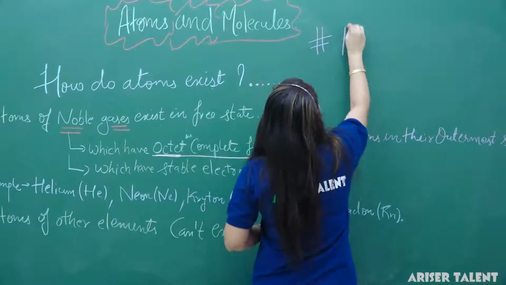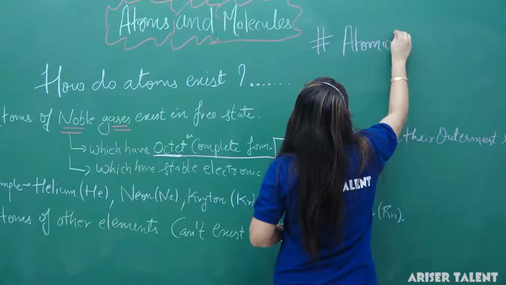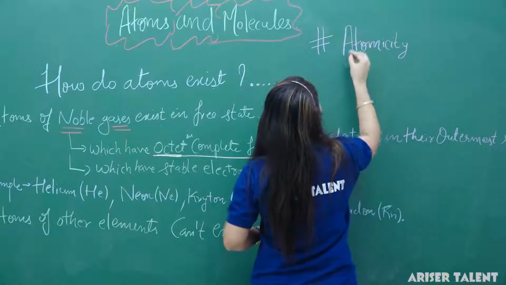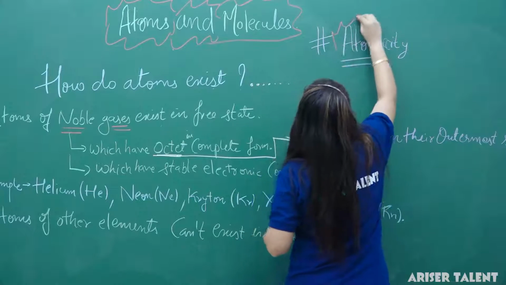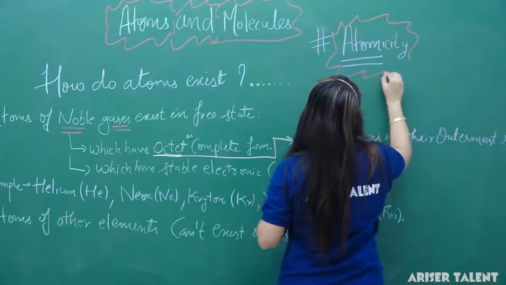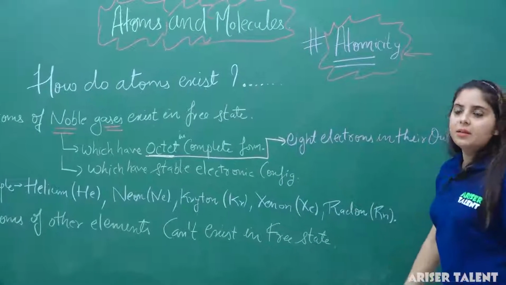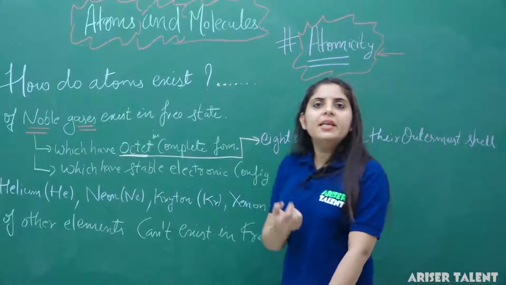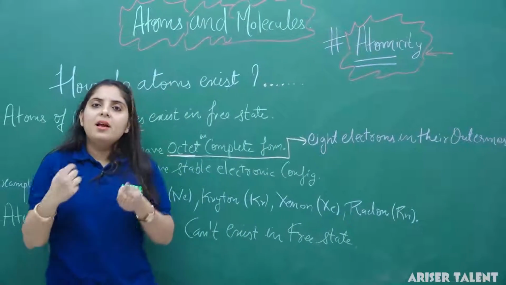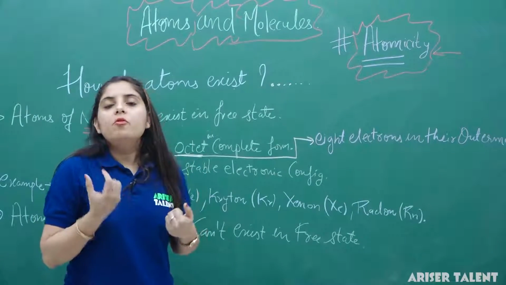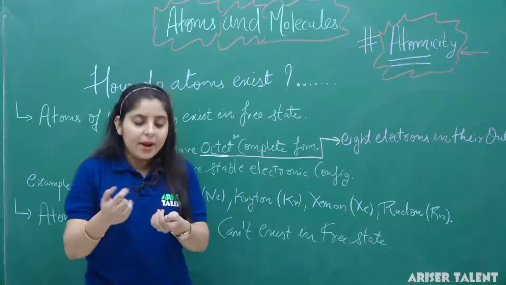Our next heading is atomicity. Atomicity basically refers to the number of atoms that are combined with other elements in forming any compound. Atomicity is the counting of the number of atoms.